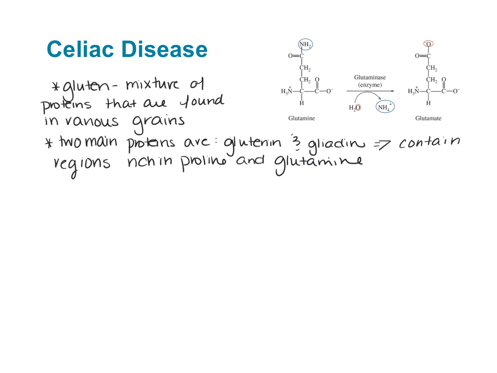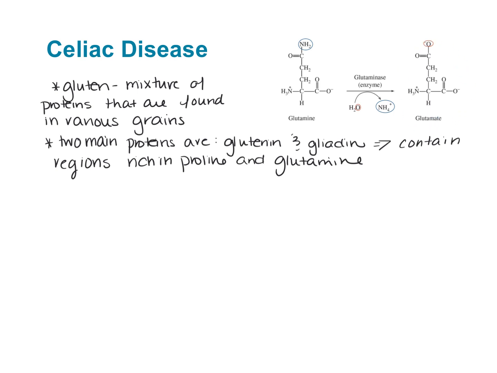So what happens is this protein is hydrolyzed. We end up with glutamine here, right? Glutaminase reacts with it. And during this reaction, glutamine reacts with water and the enzyme glutaminase, and ammonia is a product. And this is formed into glutamate.